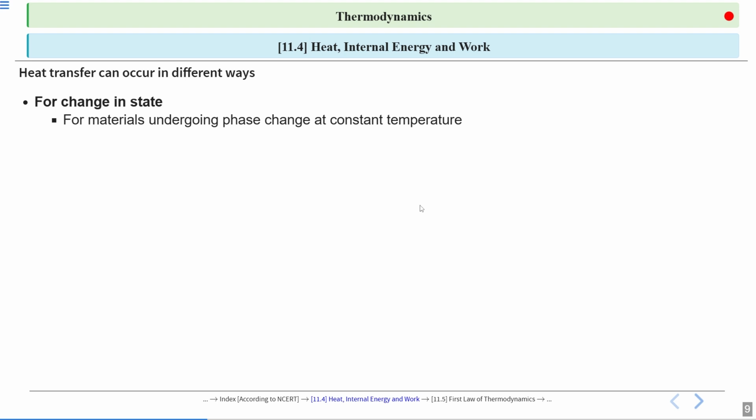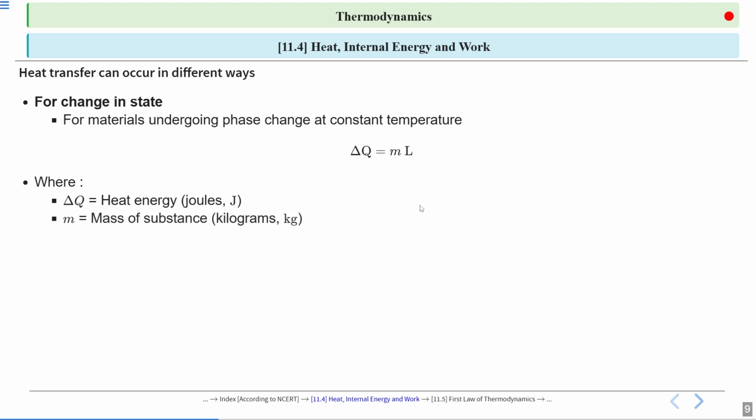So for a material undergoing phase transition, or we can say phase change, at constant temperature, in that case the heat transfer delta Q is equal to mL. The important point here is that it is at constant temperature, where Q is equal to heat energy measured in joules, and symbol is capital J. M is the mass of substance measured in kilograms, and symbol is small kg.